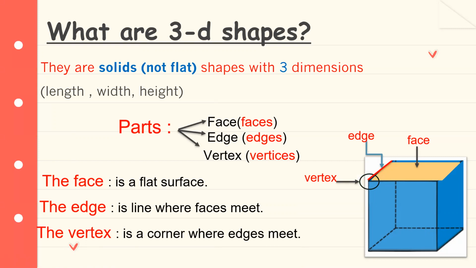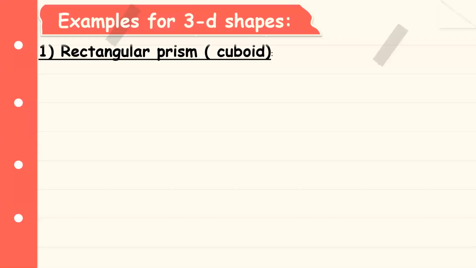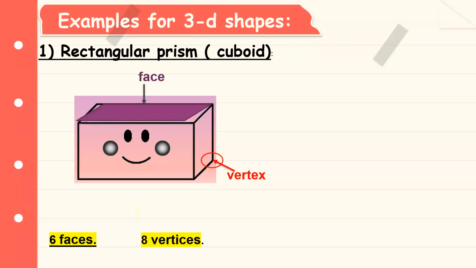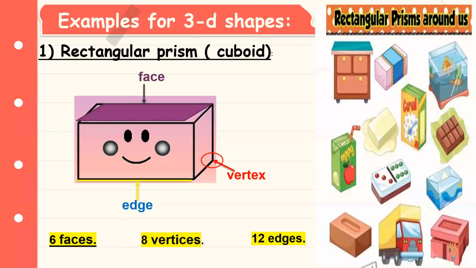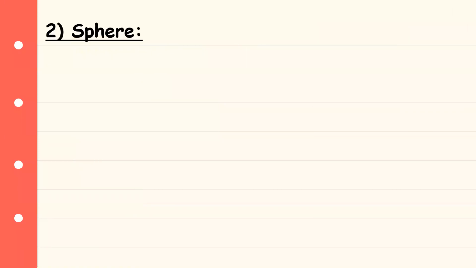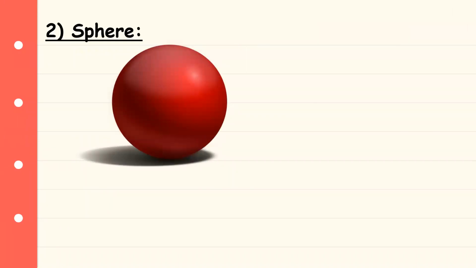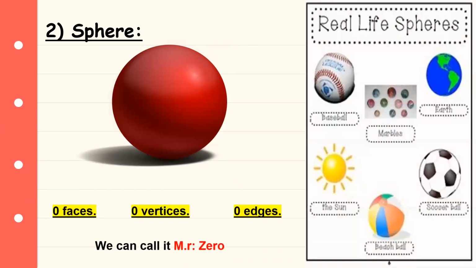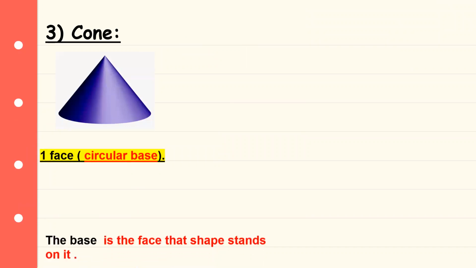Now do you understand the meaning of edges? Okay, Muhammad? We have taken the rectangular prism and then the sphere, and the third example is cone. Cone has one face and we call it the circular base. Why? Because it has a base like a circle.